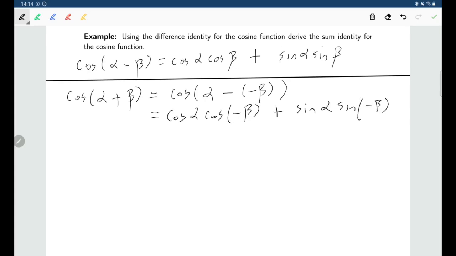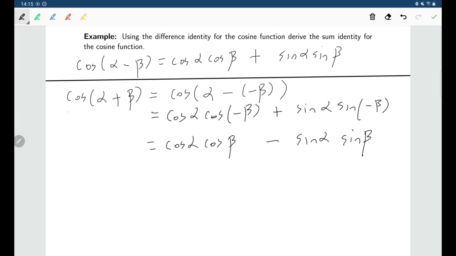And now I'm just going to use what I know about the symmetry of my sine and cosine functions. I know that cosine is even, and so that means that cosine of negative beta is the same thing as cosine of beta. And sine is an odd function, so we know that sine of negative beta is negative sine of beta.